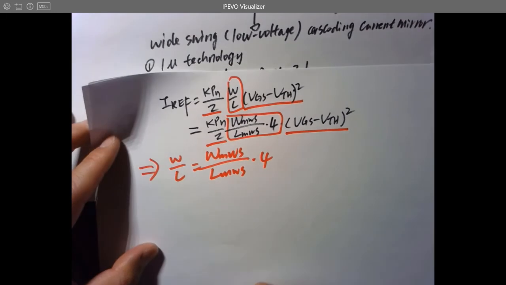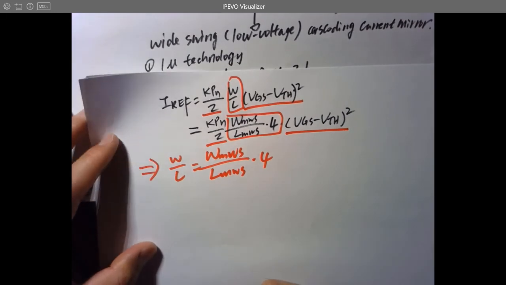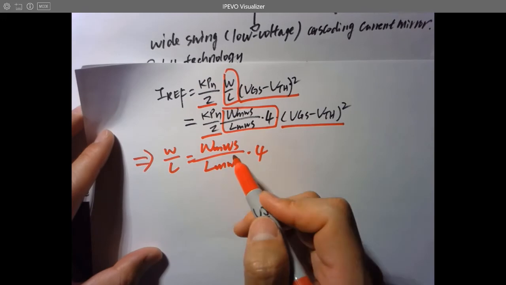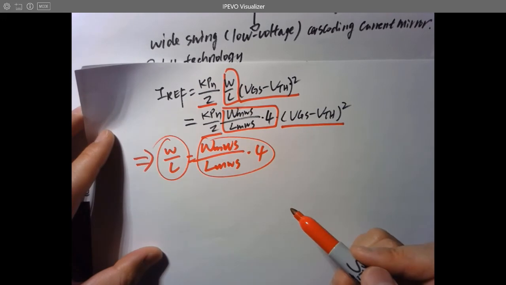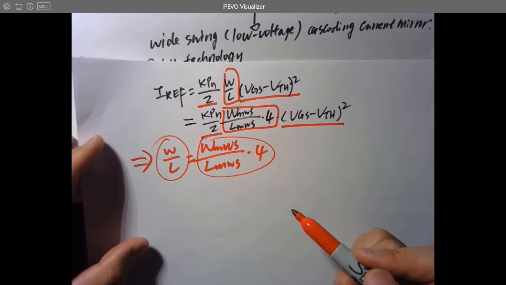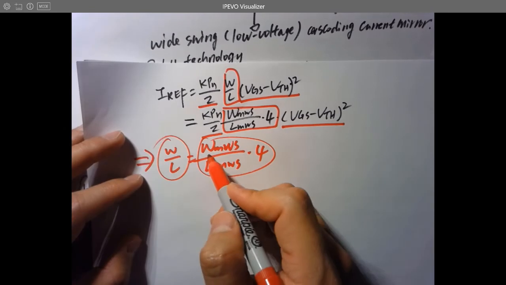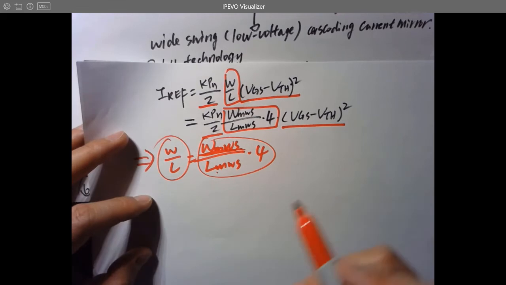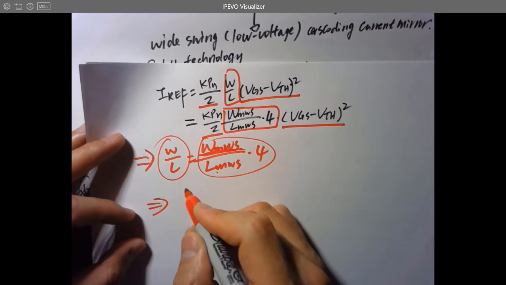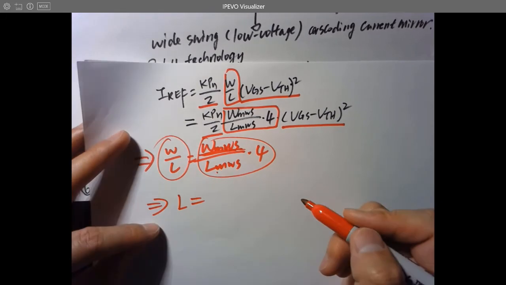So how do we make this happen? 4 times this one equals this. How does that work? If you're not changing the width, you have to change the length, right? So which means L equals what?